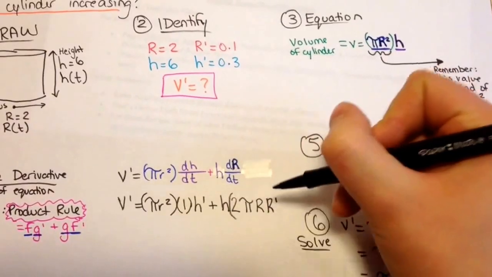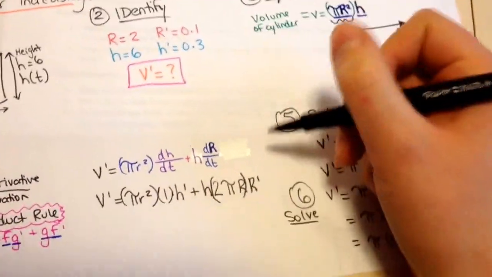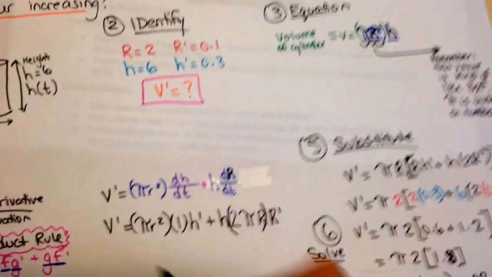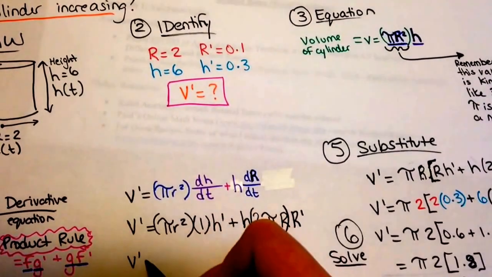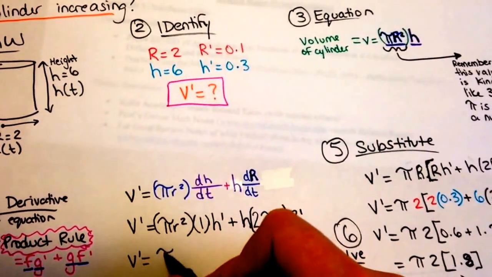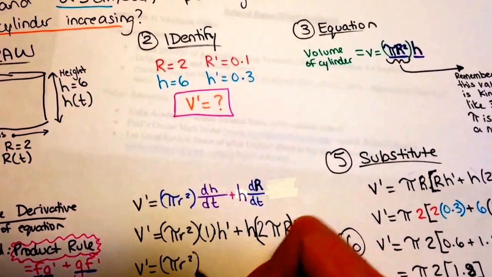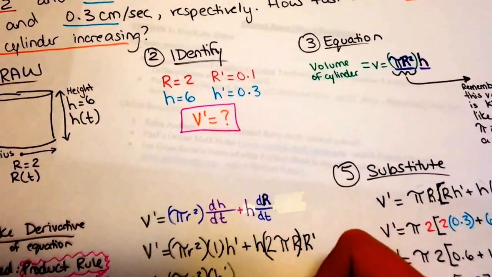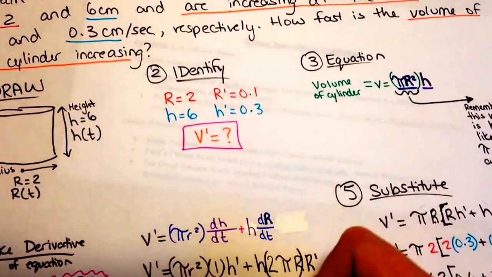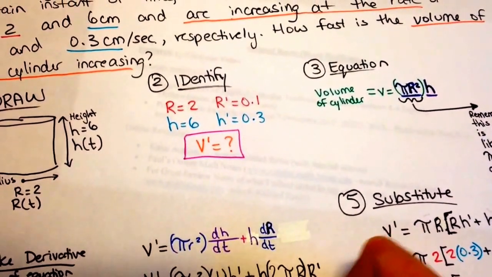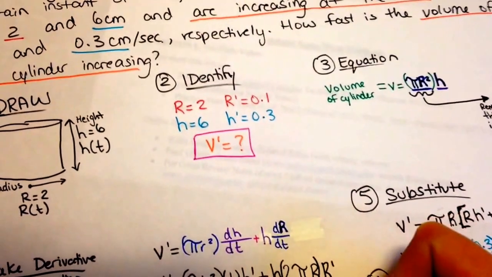So we can just organize this a bit. And if you want, you can simplify this quickly. So pi r squared times h prime plus h times 2 pi r times r prime.